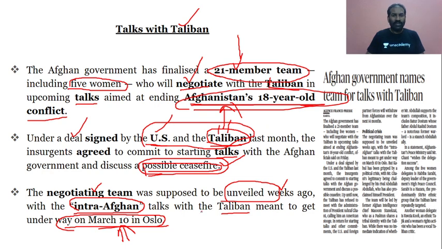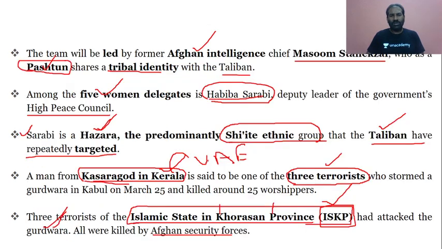And in the midst of this, now the ISKP has also come into existence, trying to send a message that yes, I am also there in the fray, and whatever gap is there, I will try to fill it. We have also looked at the various minority groups in Afghanistan, where right from 1991 the Taliban have been targeting the Hindus, the Sikhs, the Shiites, and other minority groups.